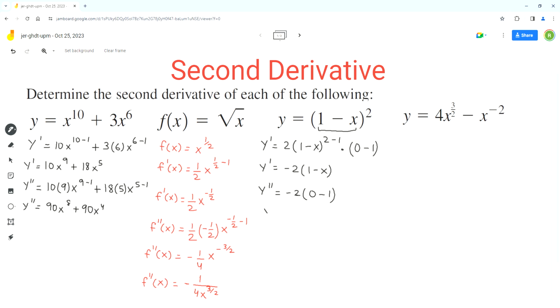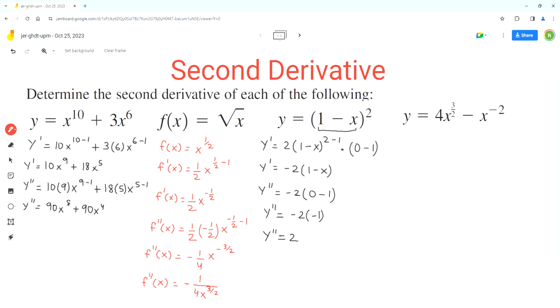So now we can simplify this expression. So 0 minus 1 is equal to negative 1. So we just have to do negative 2 times negative 1, which is equal to 2. So in this case, we got a numerical value for the second derivative of this function. So now we can work on the fourth one.